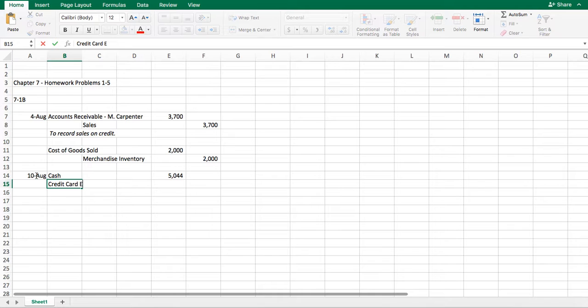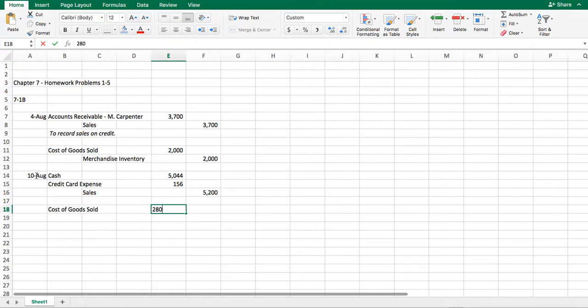The rest of that went to credit card expense. We want to keep up with that separately because cash did not come in for that amount, but also so that as owners of the business or readers of the financial statements, we can see how much money we're spending annually on credit card expense. So that was $5,200. And then again, inventory decrease, which is cost of goods sold, $2,800. And then obviously you would do a memorandum.